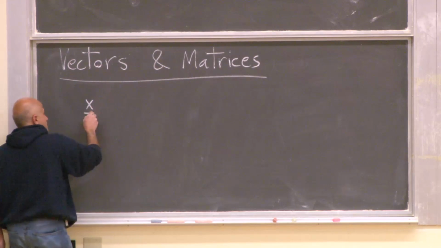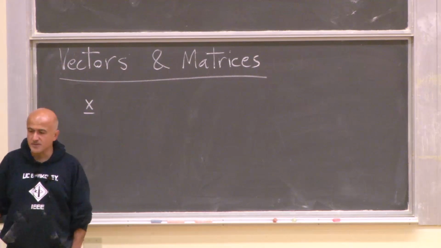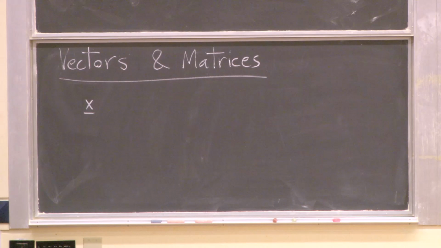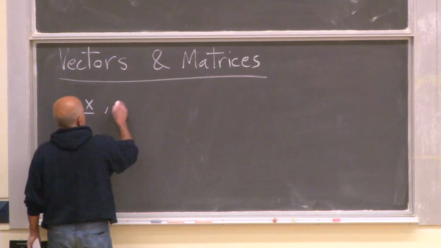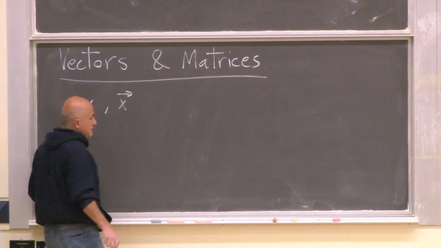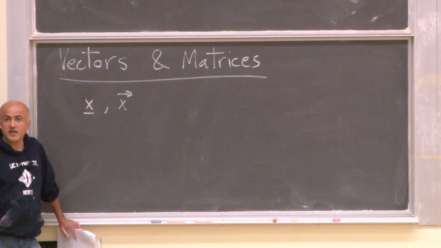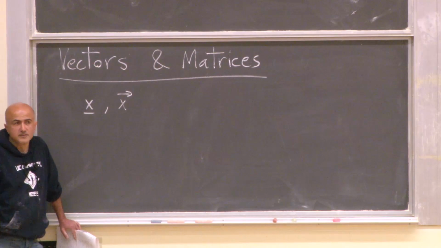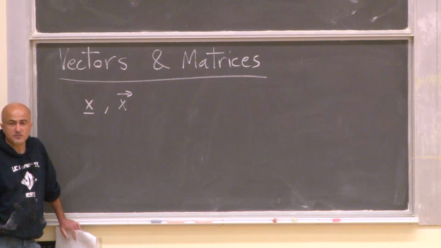The way I'm going to write vectors on the blackboard is with an underline. In some of your notes, you'll see an arrow. In some texts, you'll see the letter X in bold. I obviously can't do bold on the blackboard, which is why I use the underscore.